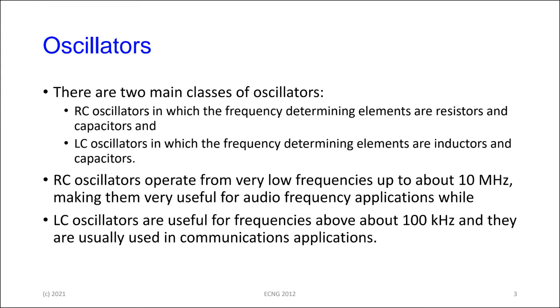Usually the RC oscillators operate from very low frequencies up to moderately high megahertz, so they're useful in audio applications and in some low frequency communication applications as well. The LC oscillators are the ones they tend to use in communication applications, so in radio applications, in two-way communications and the like, and they're very specialized. We may touch on it, but not in too great a depth.